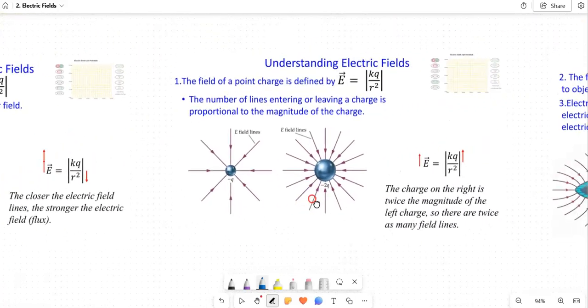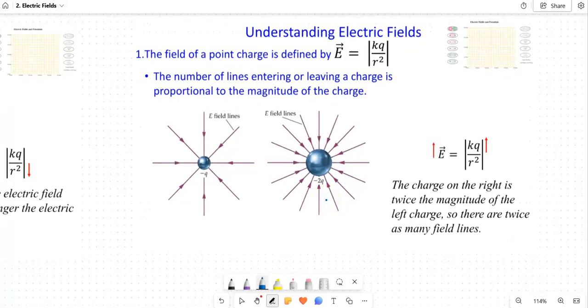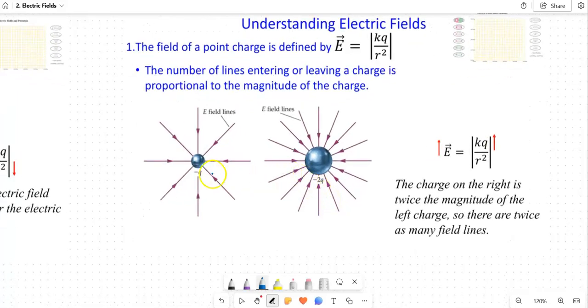Now, this next part is pretty easy. Suppose you had a negative Q charge and a negative 2Q charge. Well, this negative Q charge has 1, 2, 3, 4, 5, 6, 7, 8. This negative 2Q charge has 1, 2, 3, 4, 5, it's got 16. So there's 16 lines pointing towards it, right?